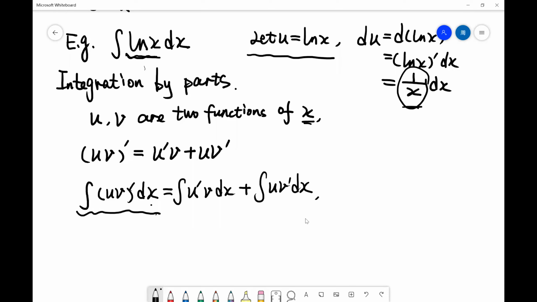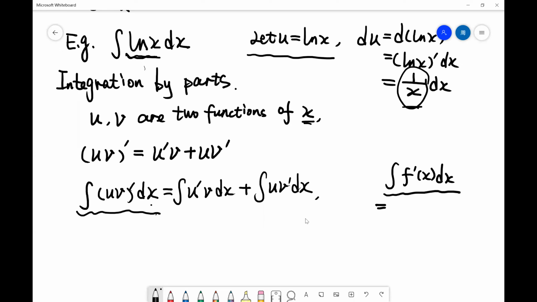On the left, here you should know that the integral of f'(x) dx, do you know what it equals? So don't forget the indefinite integral.